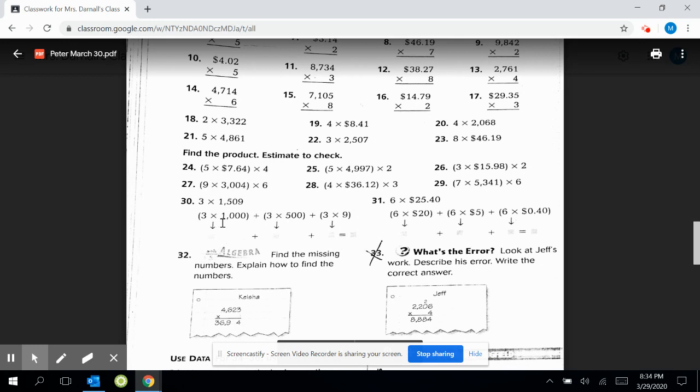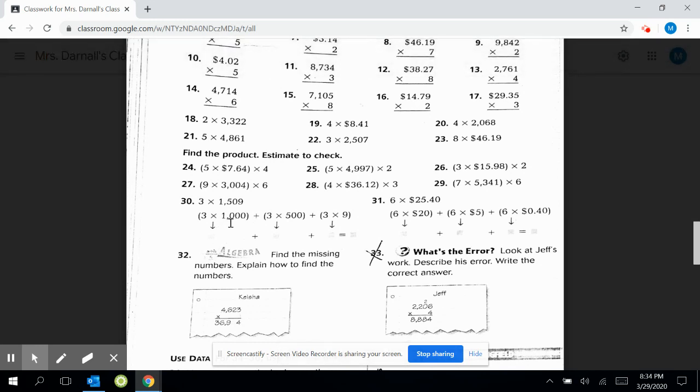Here's another way that you can multiply, and that is they're doing this number here, and that is multiplying 3 times each number. So like 3 times 1,000 would be what? Remember to just add your zeros. That would be 3,000. And 3 times 500, what would that be?